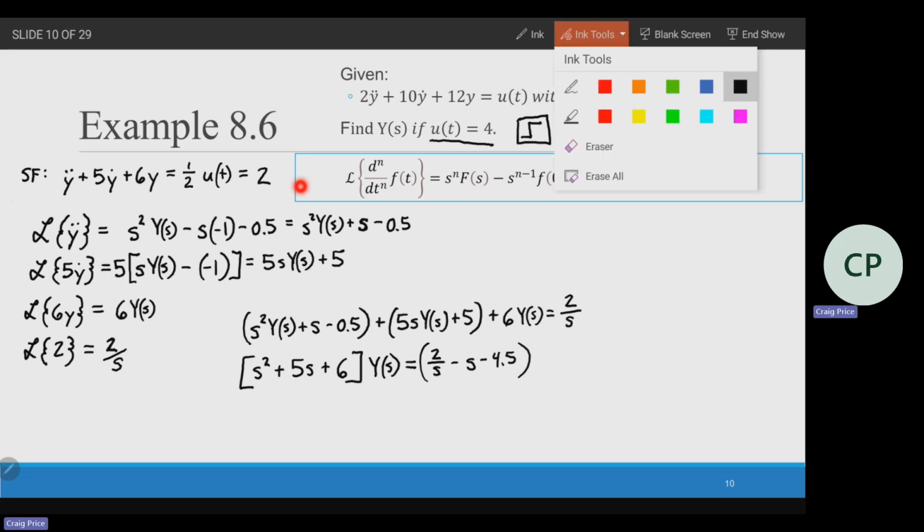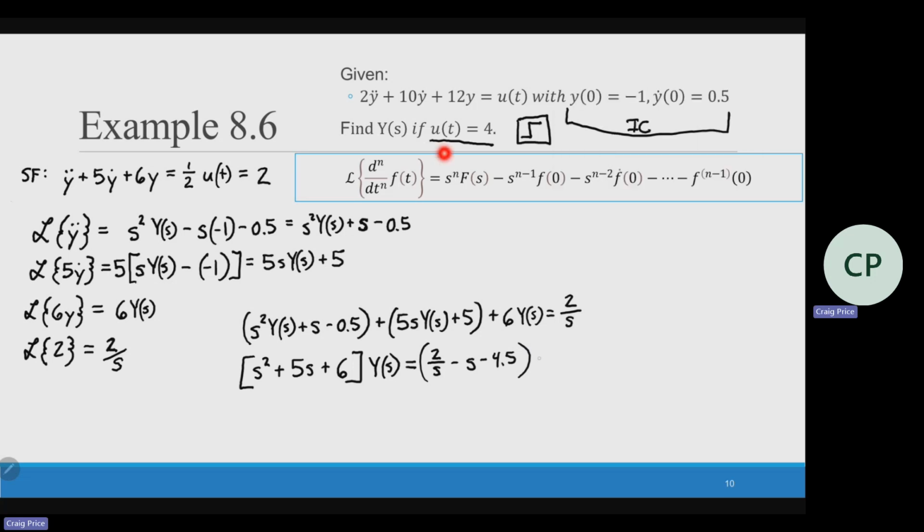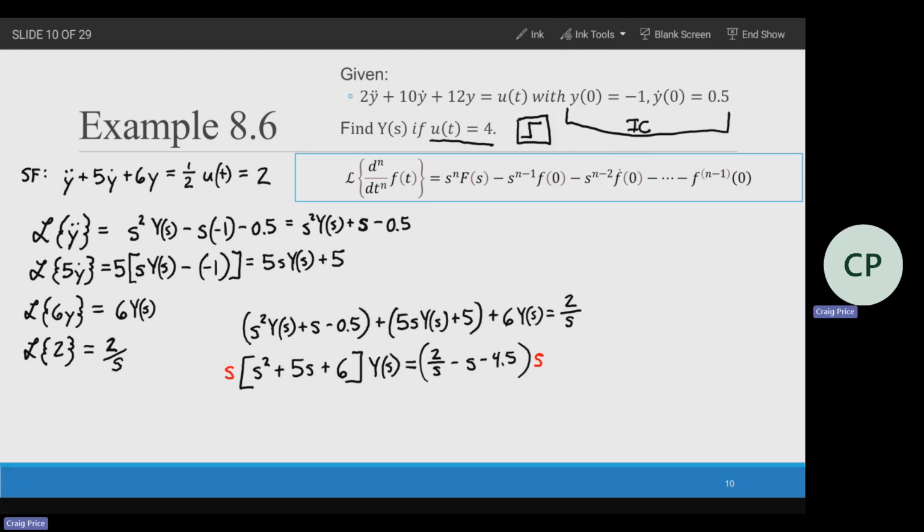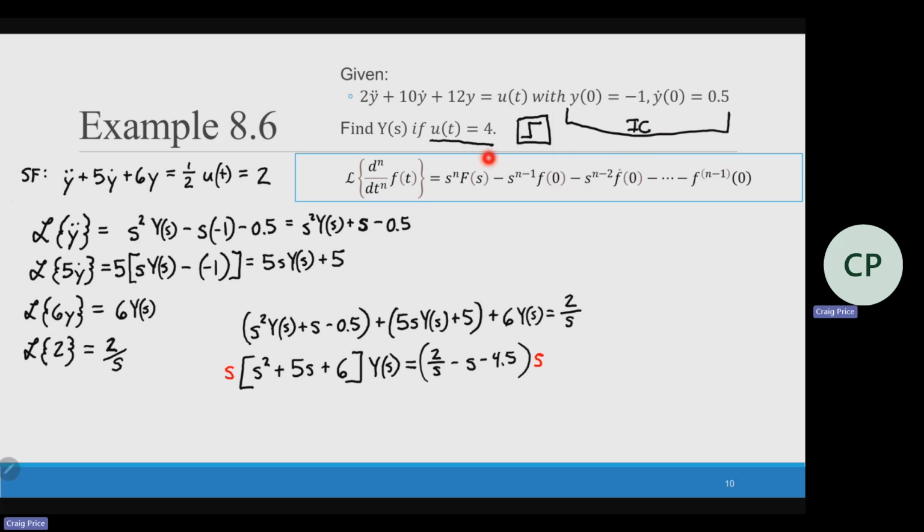Okay, we rearrange this, but to actually get a little bit easier, better formal transfer function, this is going to help. And so we can rewrite this as 2 minus s squared minus 4.5s.